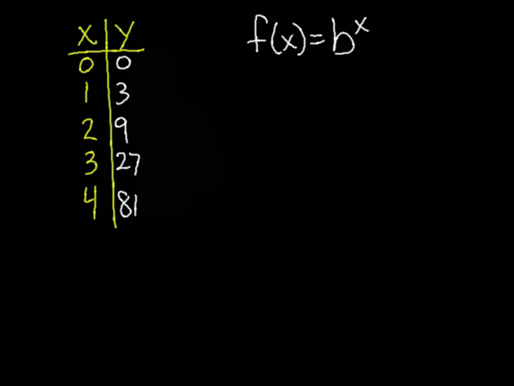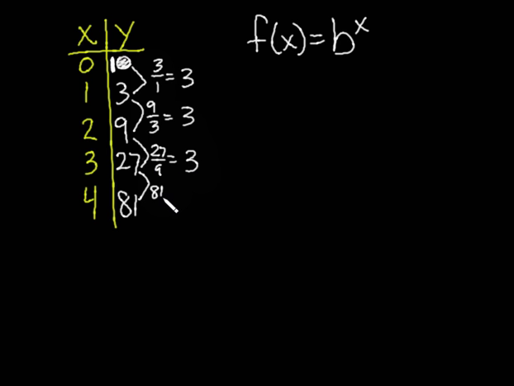Instead of looking at those things, let's look at the ratio between the two. So between 0 and 3. Oh, it's not a 0, it's a 1. Between 1 and 3, take 3 divided by 1, I get 3. From 3 to 9, 9 divided by 3 is 3. From 9 to 27, 27 divided by 9 is still 3.